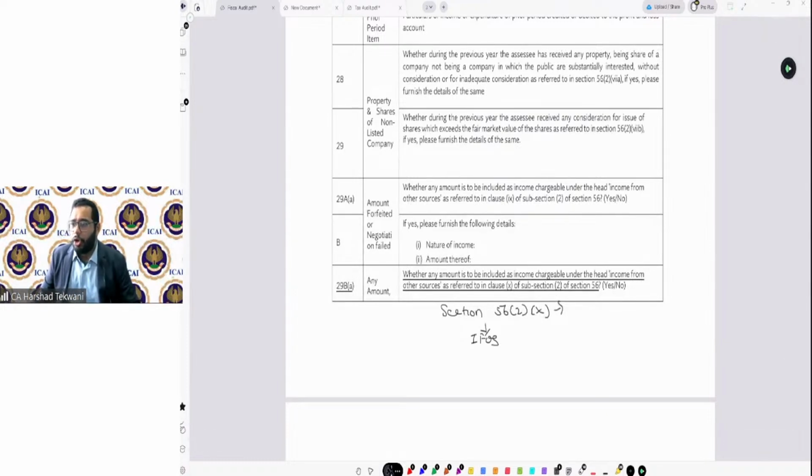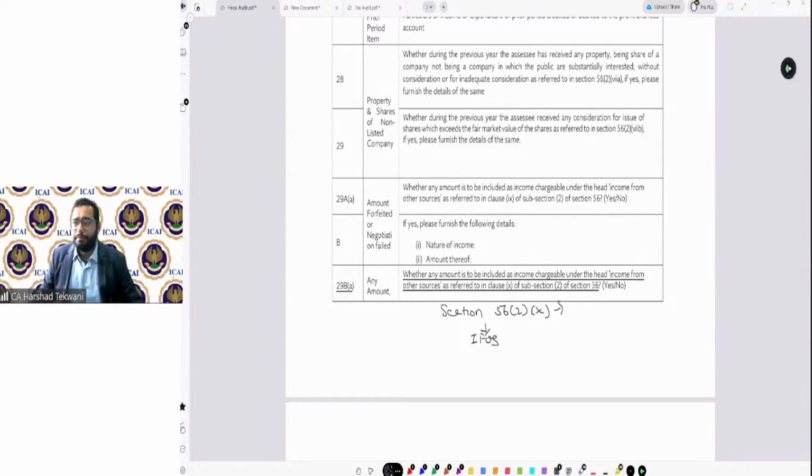Section 56(2)(x) talks about an amount where any person receives in any previous year, from any person after the first day of April 2017, any sum of money without consideration, any immovable property, or any other property other than immovable property without consideration, or for a consideration which is less than the fair market value and the difference exceeds 50,000 rupees, or without consideration for which the fair market value exceeds 50,000 rupees.